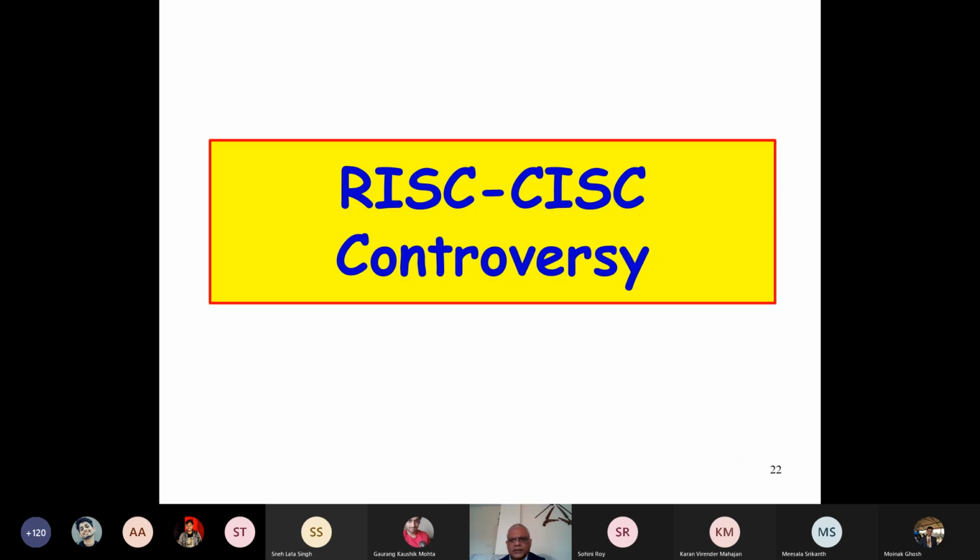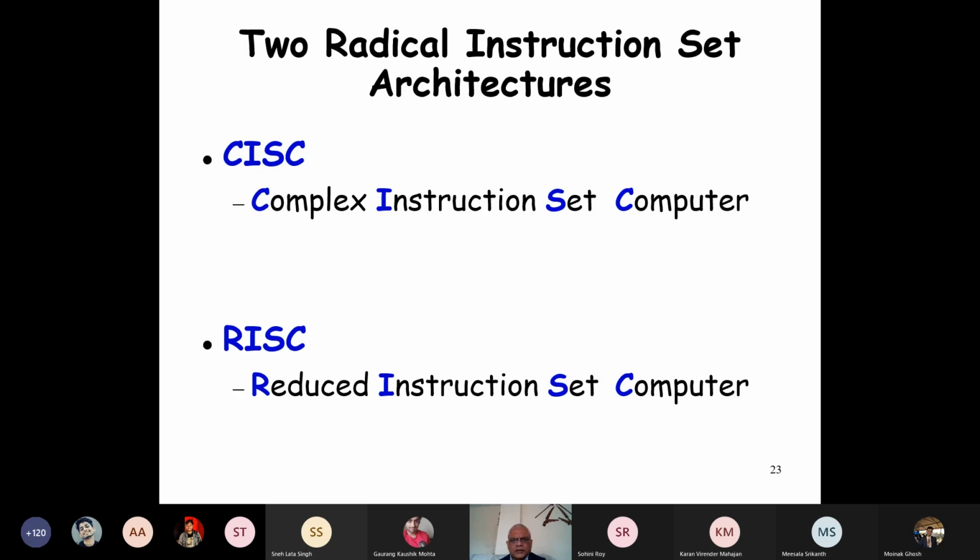Now let's look at another very important thing in discussion about architecture, the RISC-CISC controversy. And after that, we'll look at the instruction sets. These are 2 different types of philosophy in instruction set architecture design.